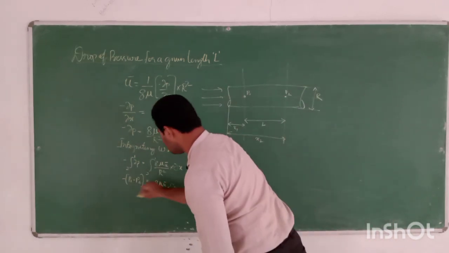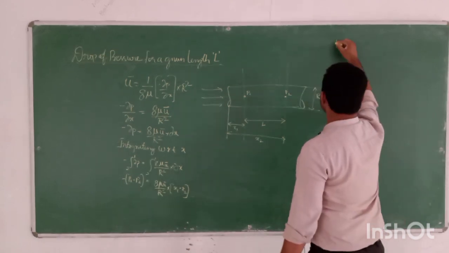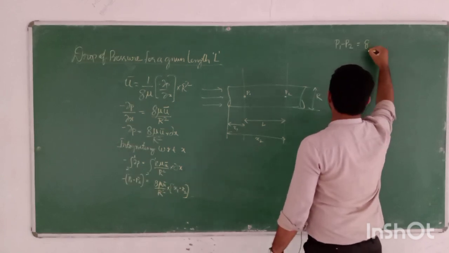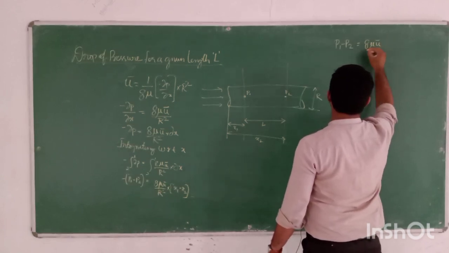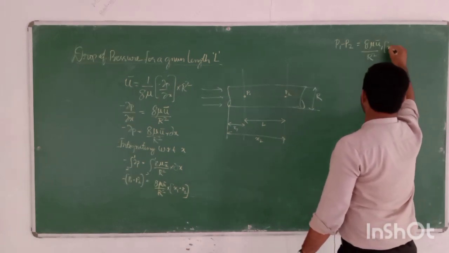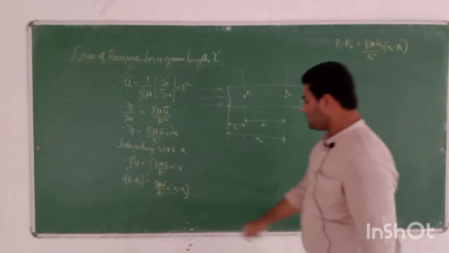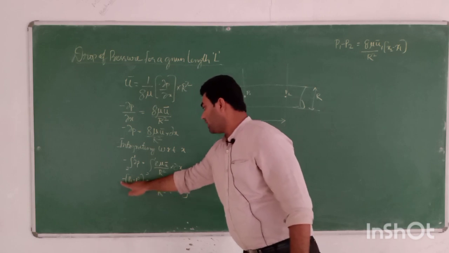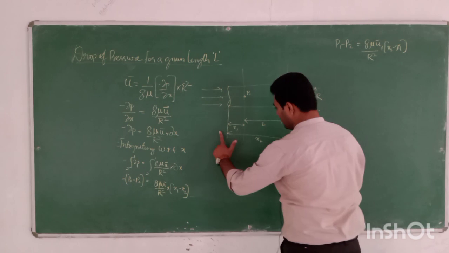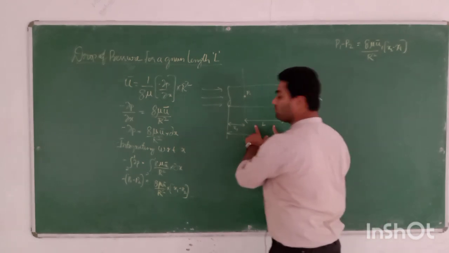I am rewriting this equation as p1 minus p2 equals 8 mu u bar by r square into (x2 minus x1), taking the minus to the other side. Look here, x2 minus x1 is nothing but L.